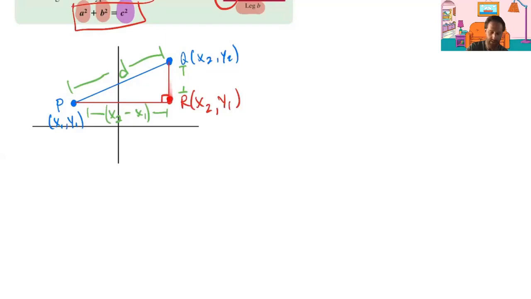We're going to find the difference of that y value and that y value. I'm going to take y2 first and subtract y1 so that I get something positive. Now, it doesn't always have to be that way, so we're going to make sure that it is by squaring it.